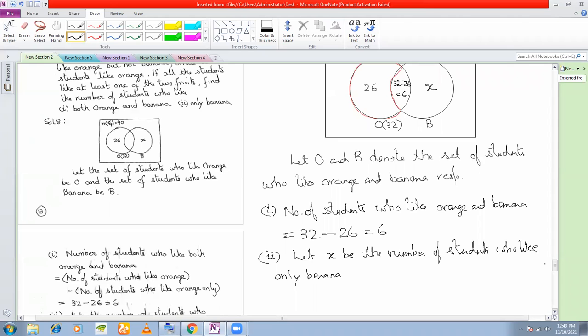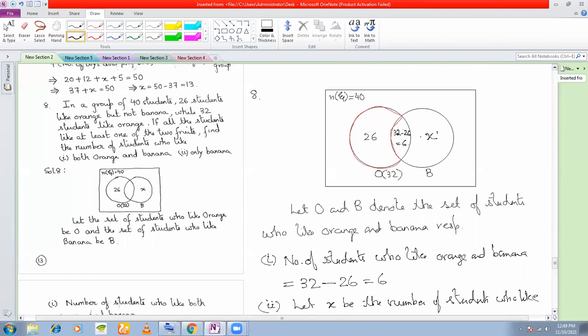So therefore, what can you say? The number of students who like only banana plus the number of students who like only oranges plus the number of students who like both must be equal to the total number of students.